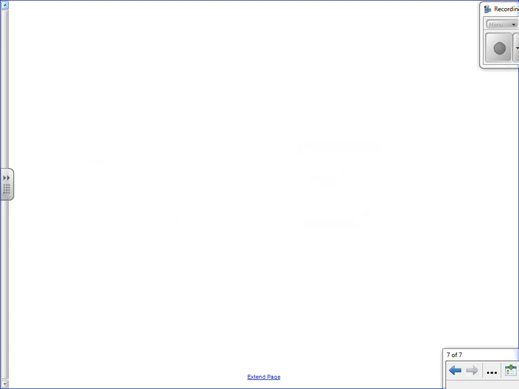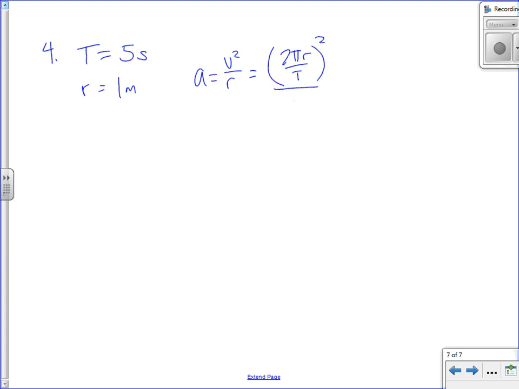4. Centripetal acceleration of a ball swinging around on a string when it passes 1 revolution in 5 seconds, and the radius is 1 meter. 1 revolution in 5 seconds. Well, that's a period, right? The amount of time for one thing to happen. And radius 1 meter. We want the centripetal acceleration. V squared over r. Or, since V is 2 pi r over T, hopefully you're okay with the fact that that comes out to 4 pi squared r over T squared.